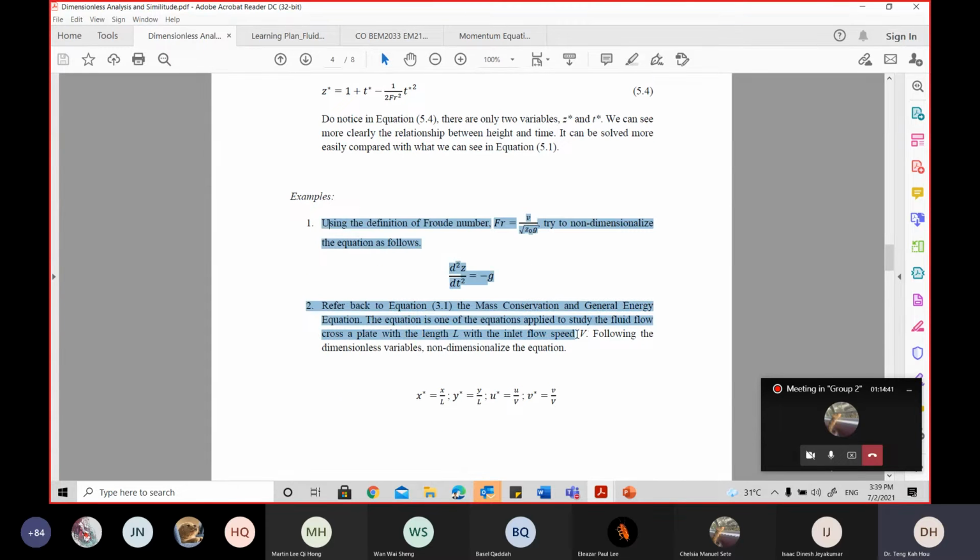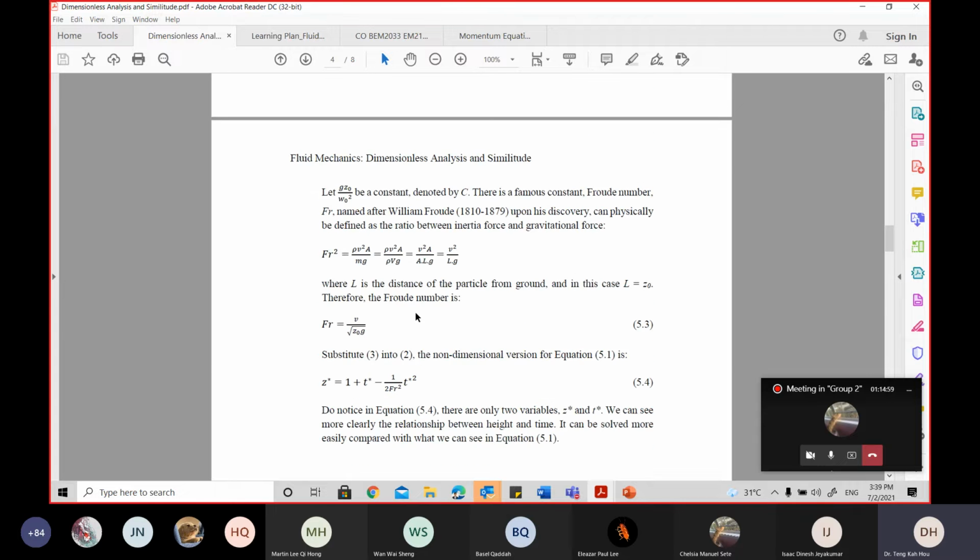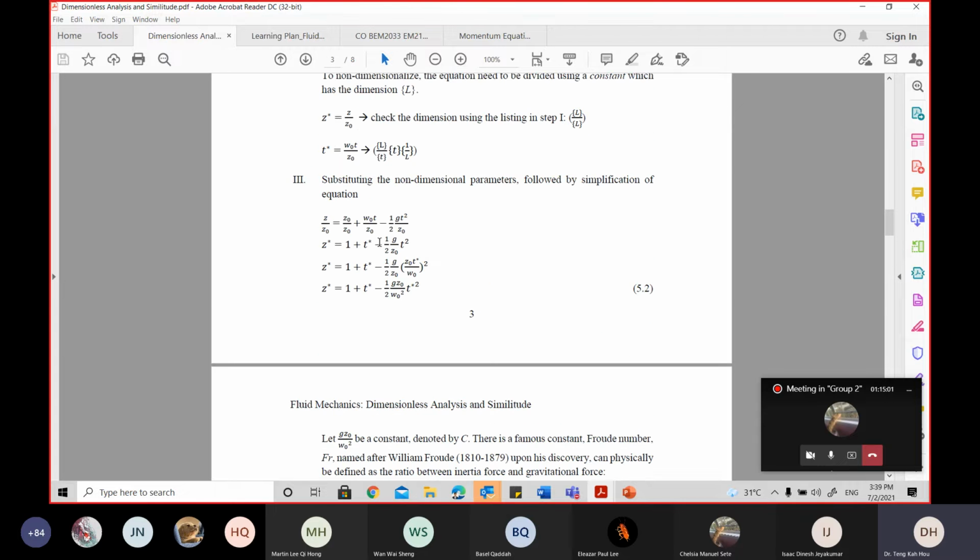Okay, try questions 1 and 2, and then you should be able to see that this question is more straightforward. They tell you to assume s star equals this, y star equals this, u star equals this, and v star equals this. So the question can be asked in a lot of different ways. But what I would say is you just need to get the concept and understand what dimensionless parameters are.